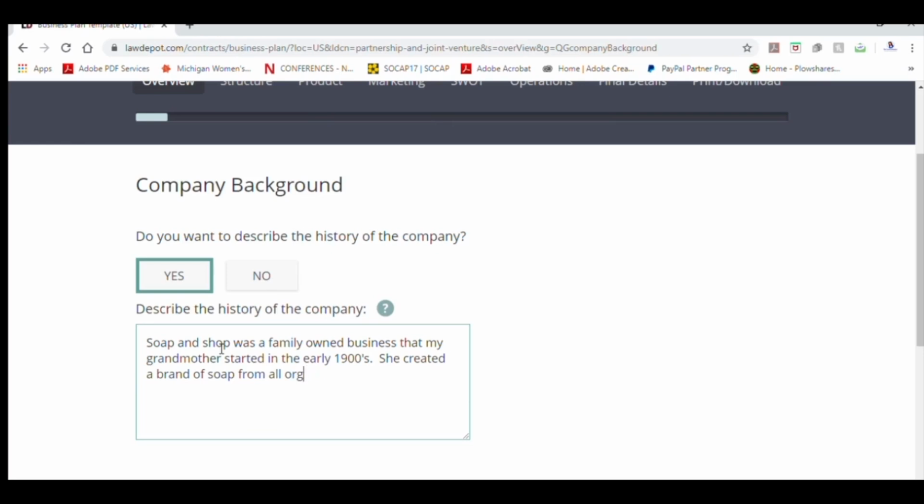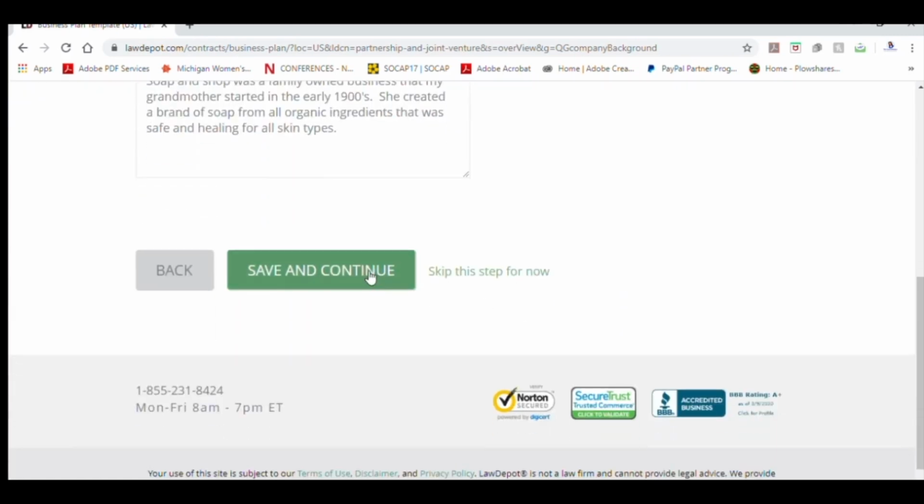I just wanted to put something in here because when we pop this out, I want everybody to see how great and complete this business plan looks. It was safe for all skin types. Cool. That's the history of the company. So yeah, save and continue.